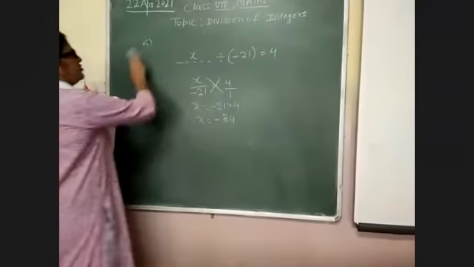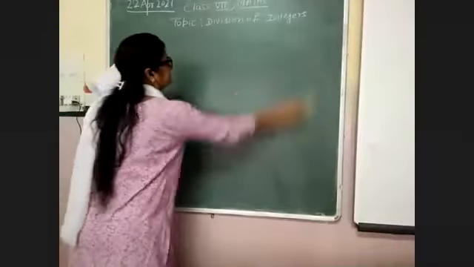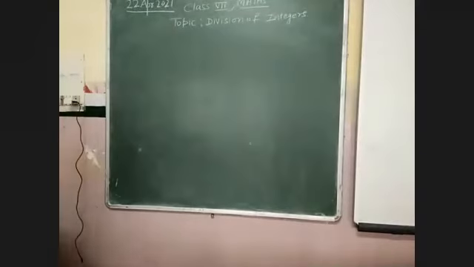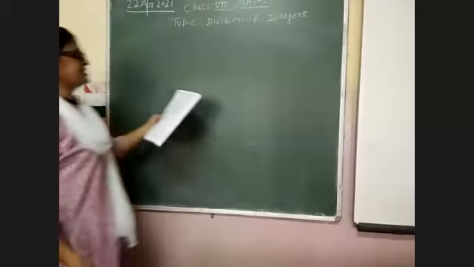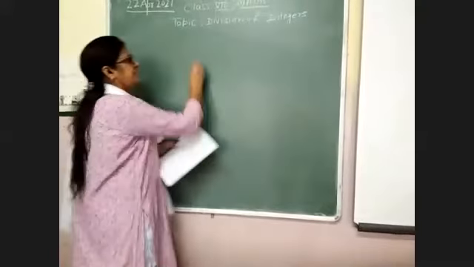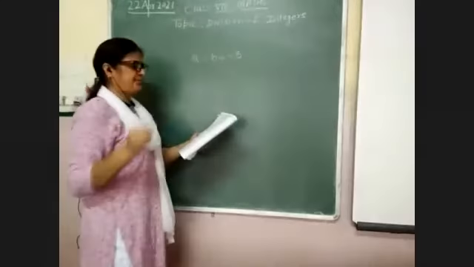Now the sixth question is: write 5 pairs A and B such that A divided by B equal to -3.